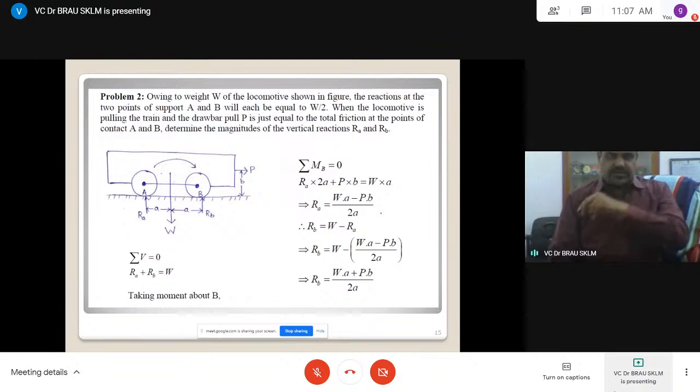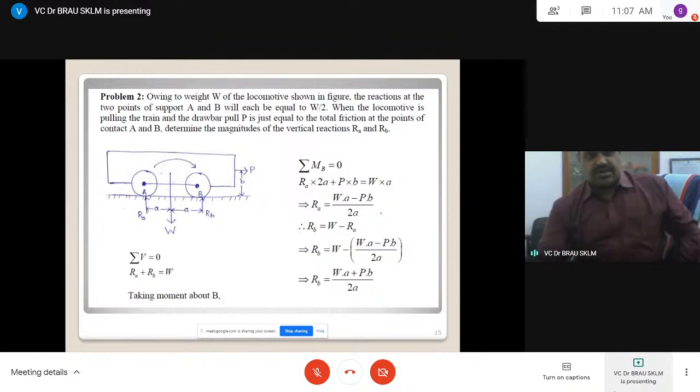Now let us consider a weight W of the locomotive shown in the figure. The reactions at the two points of support A and B will each be equal to W by 2, because by symmetry, if you want, you can derive.